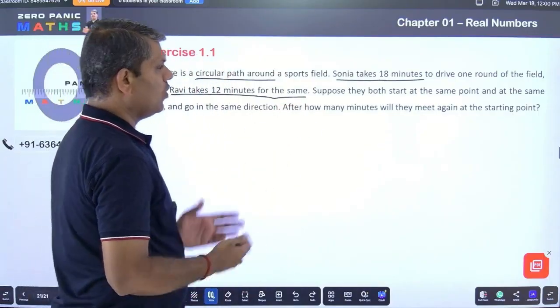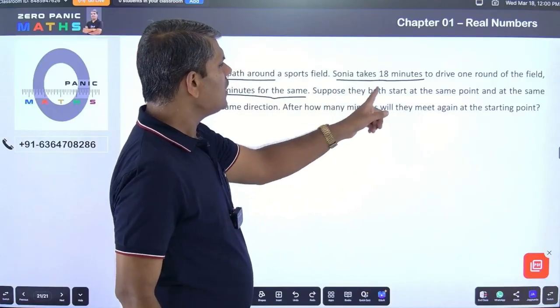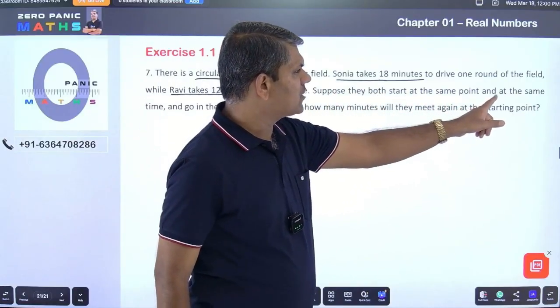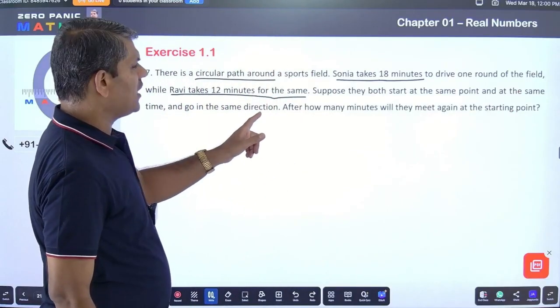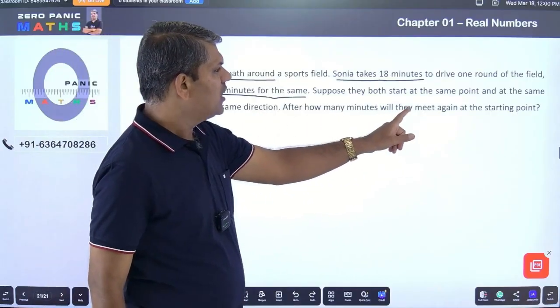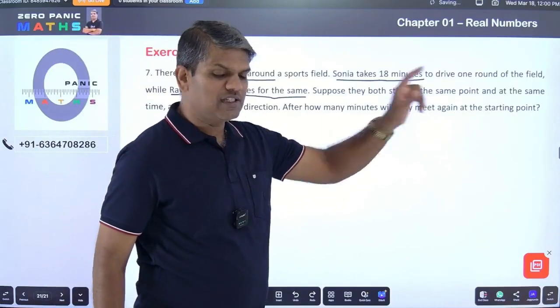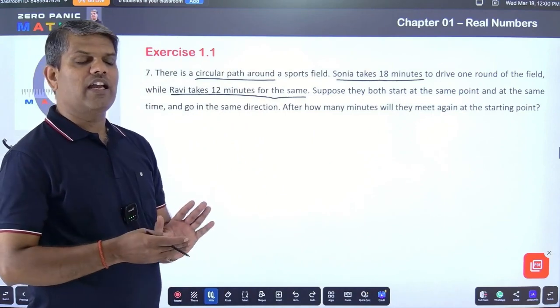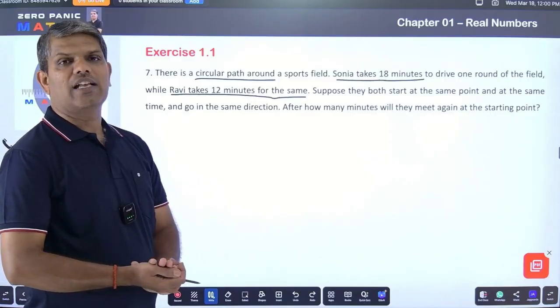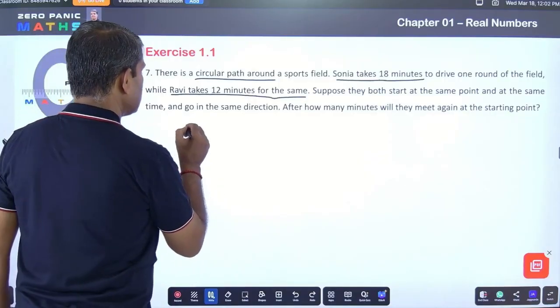Okay, and what is asked? Suppose they both start at the same point and at the same time and go in the same direction. After how many minutes will they meet again at the starting point? So here in this problem, we need to first understand what exactly is asked. What is given here?